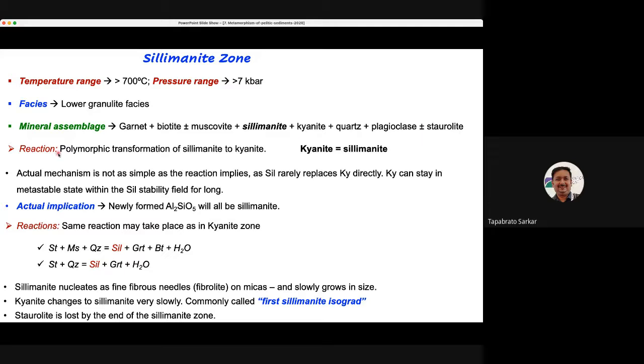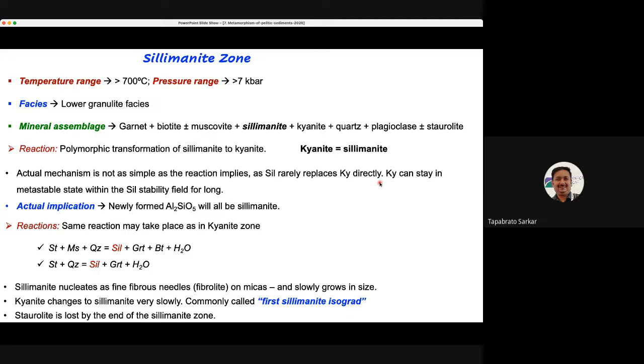Okay, so what is the reaction? The reaction is basically the polymorphic reaction of kyanite to sillimanite, right? The kyanite changes to sillimanite, but the actual mechanism is not as simple as the reaction implies, as kyanite is rarely replaced by sillimanite immediately just because of the temperature.